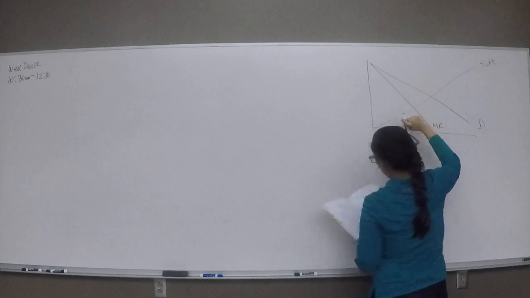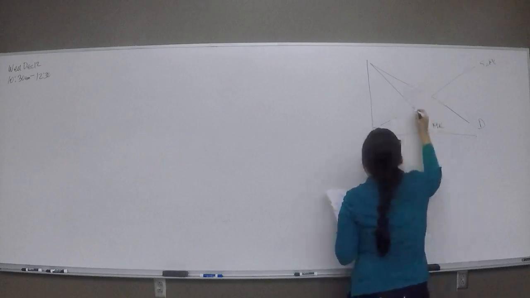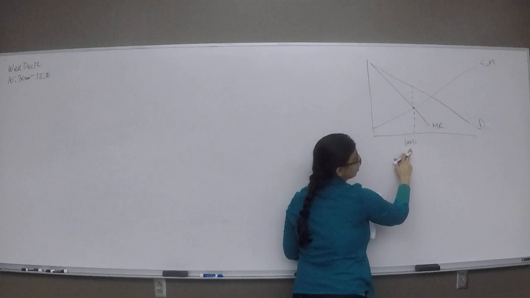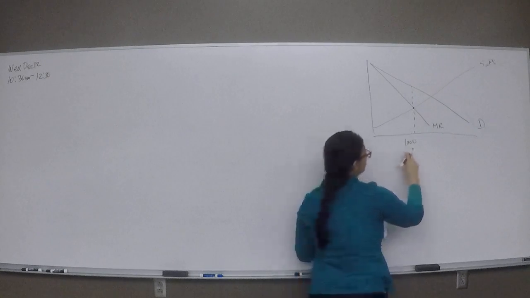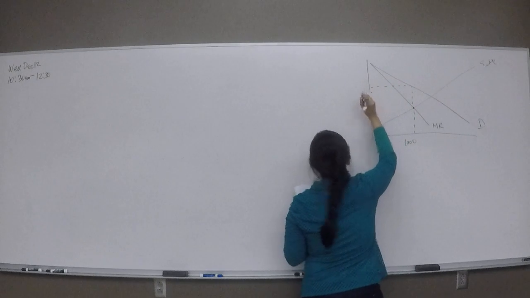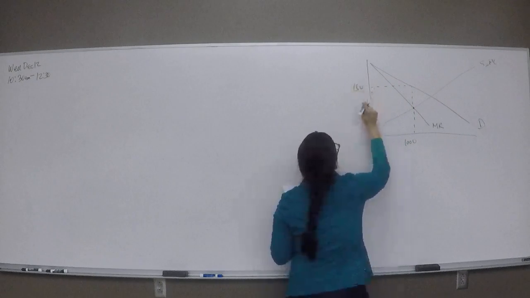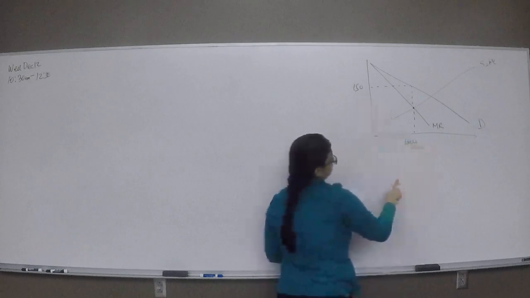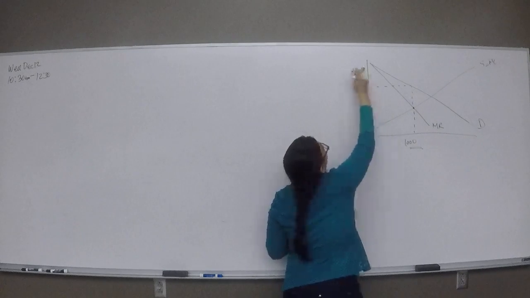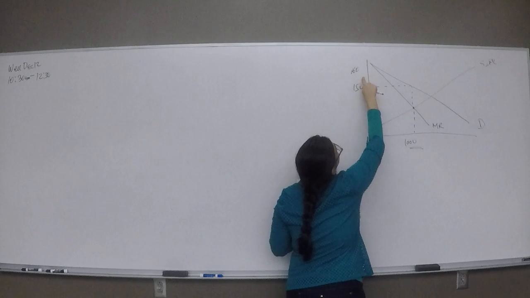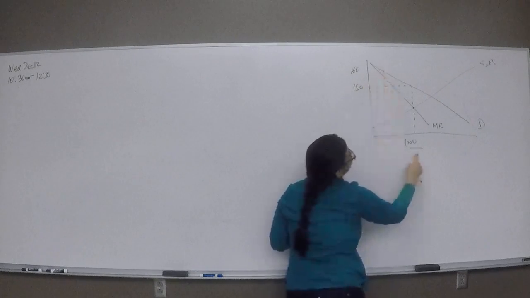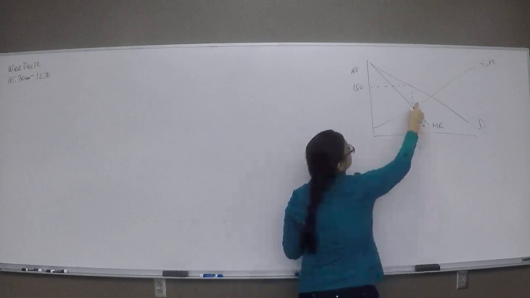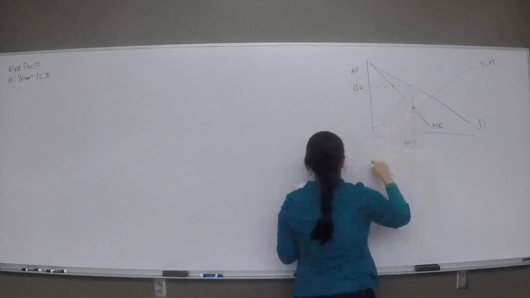Supply equals marginal cost. 1,000 is the quantity for monopolists, right? And the price they're charging is $150. It's the maximum price that can be charged at that quantity. So if there is a 160 here, they're not going to charge that because it's not at that quantity. It has to be directly above the quantity where MC equals MR.